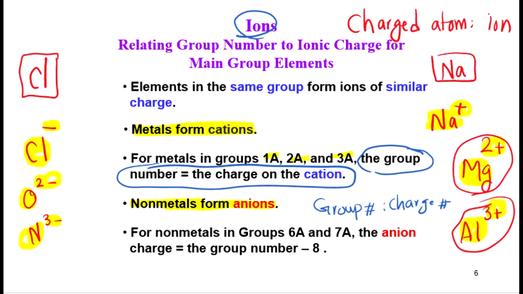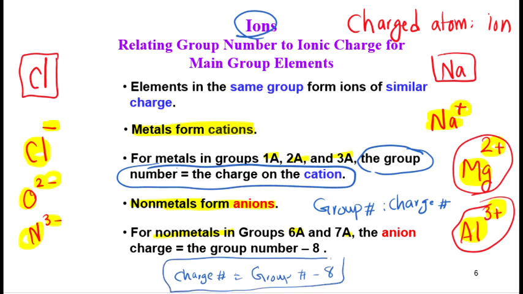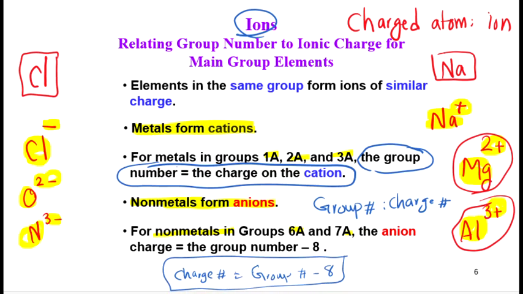It says non-metals are placed, for example, in group number 6, 7, and so on. The charge for an anion is group number minus 8. We are going to see what that means. Please look at this formula. Charge number is going to be calculated as group number minus 8.